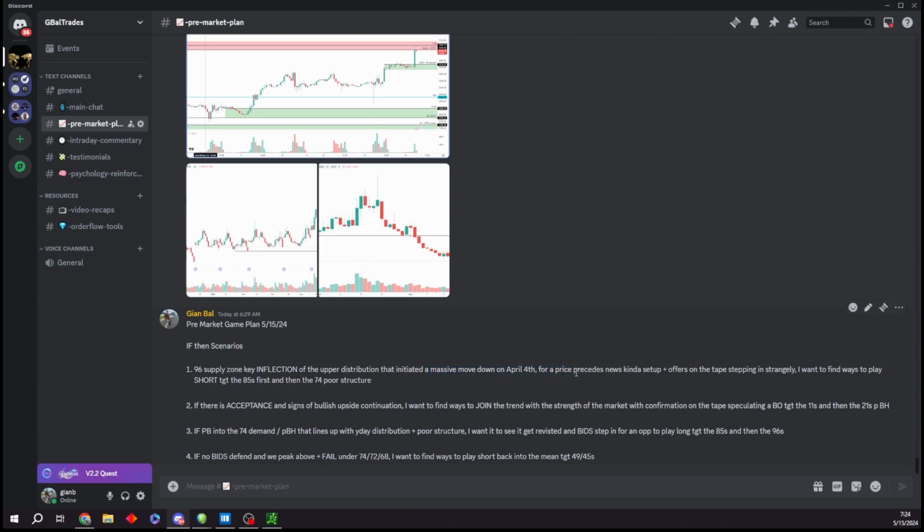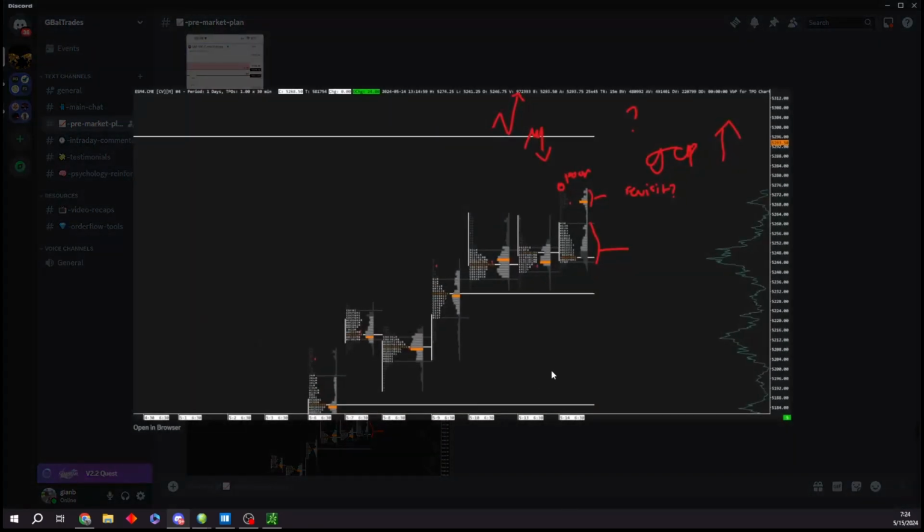And for context, price precedes news plus the offer stepping in on the tape. I wanted to find ways to play short, targeting the 8.5s and then this 7.4 pore structure, which I got from also the market profile.